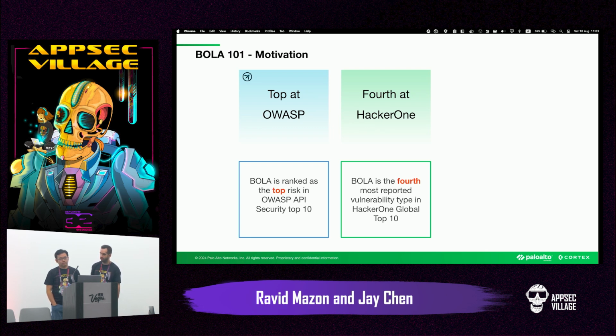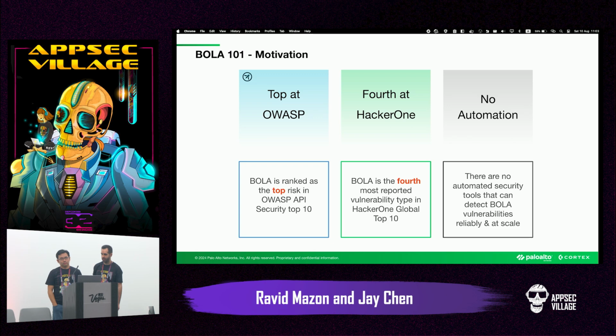And it is also the fourth most reported vulnerability in HackerOne. So it's really popular and it's really severe. And yet, there is no automation tool that can actually and reliably detect BOLA at scale. So all of this was a big reason for us to try to solve basically an unsolved issue today.